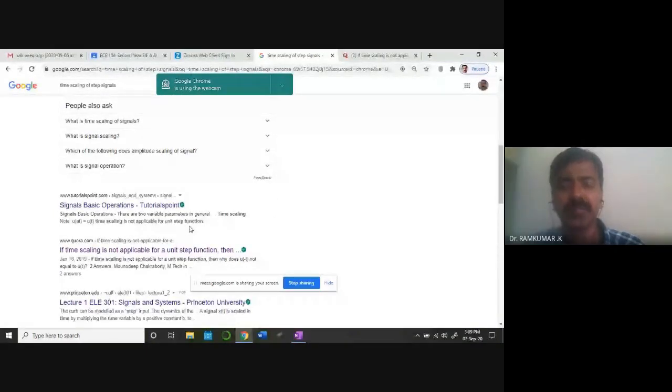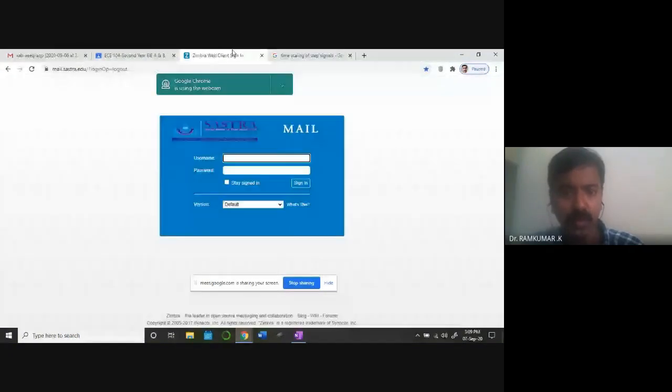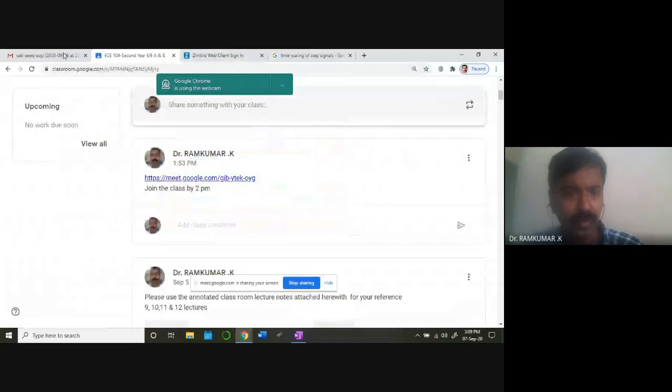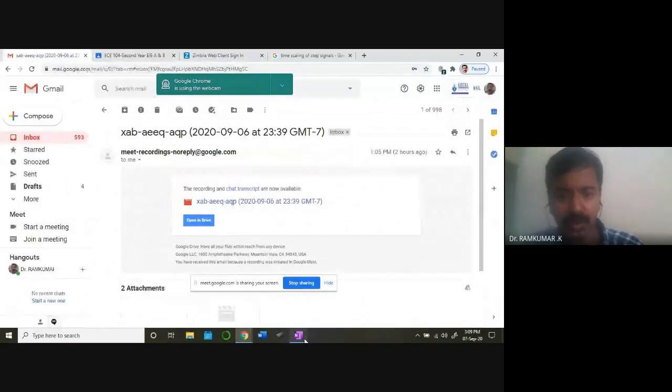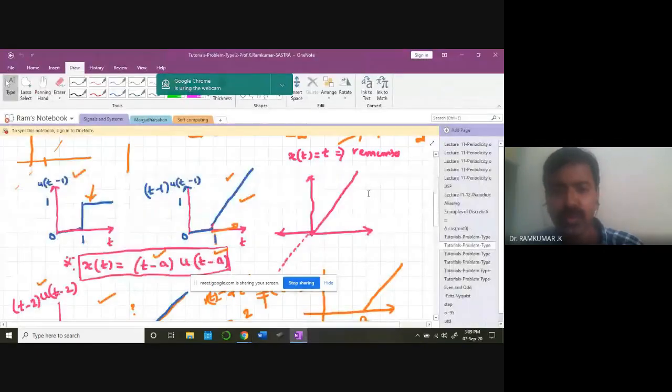That's the answer. Here it is given: time scaling is not applicable. We'll check that answer by tomorrow. It won't work out. That's a good question. Kumar, who asked the question? First time I'm seeing this: time scaling of step function.